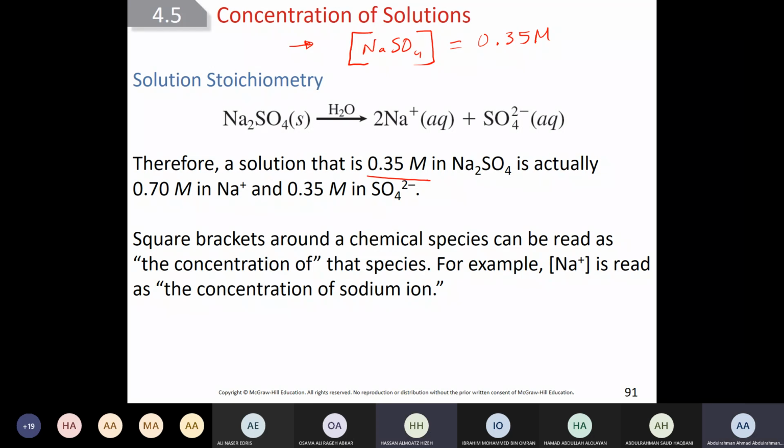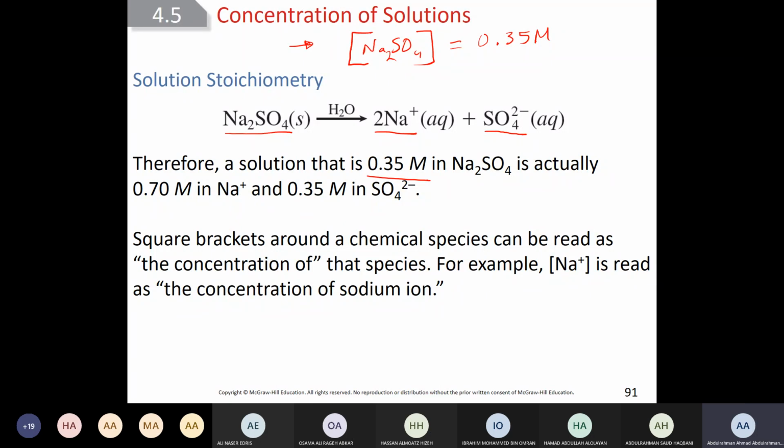It's Na2SO4, sorry. It's sodium sulfate. Clear? Next, look at the equation. Na2SO4, when you dissolve it in water, will give you 2 Na plus and 1 SO4 2 minus.